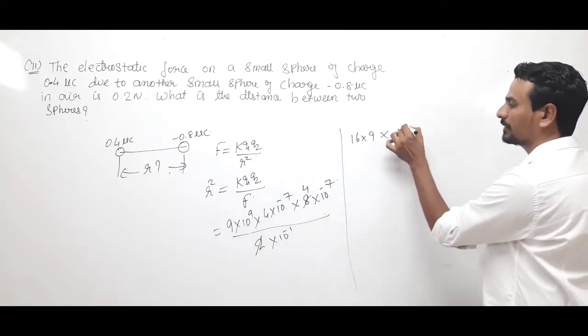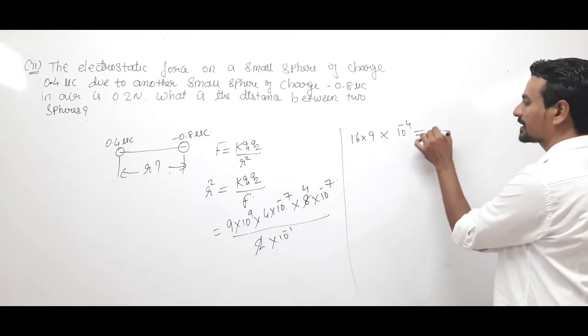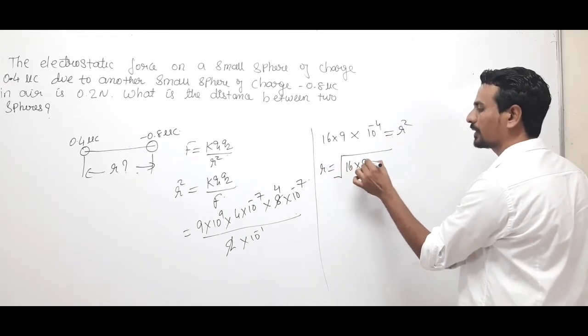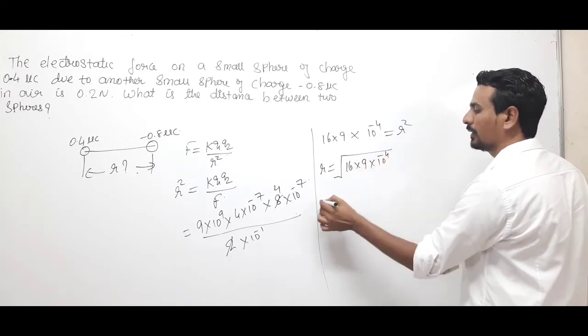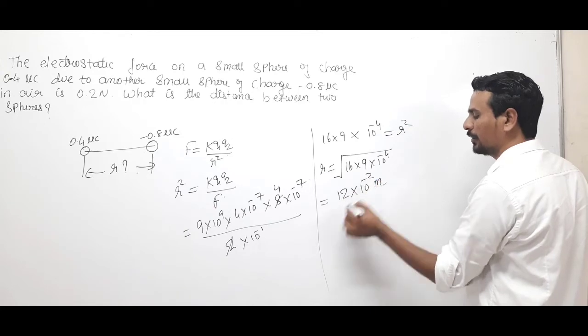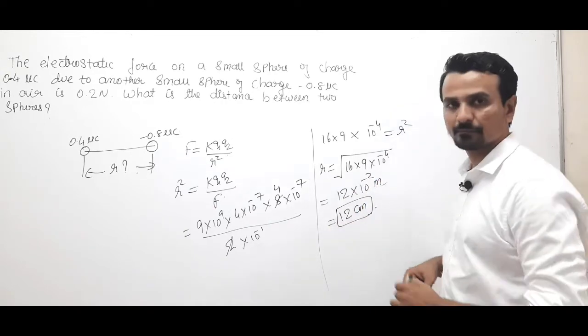So 10 raised to minus 4. Got it? So this is your r square. So r will be root of 16 into 9 into 10 raised to minus 4. So 4, 3, 12 into 10 raised to minus 2 meter. Or you can say 12 centimeter. Got it? Clear? The next one.